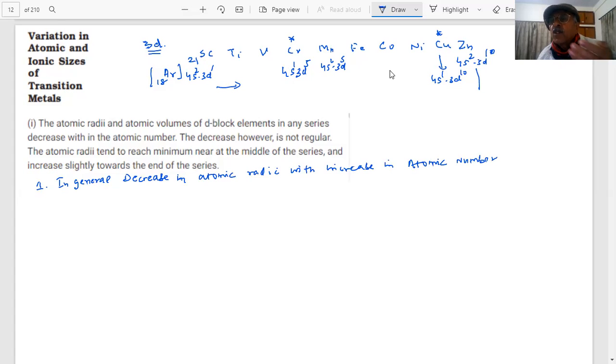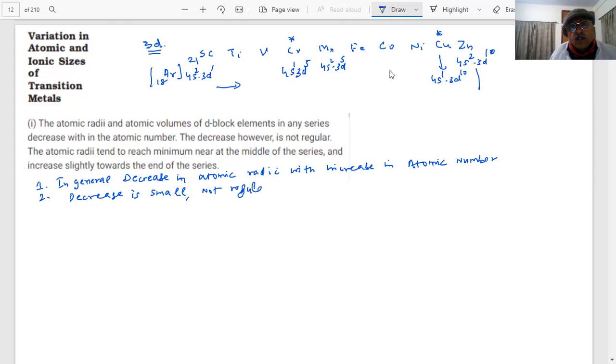Electrons are being added into the same subshell, the d orbitals. But what we find in this case is that the decrease is small and not regular.